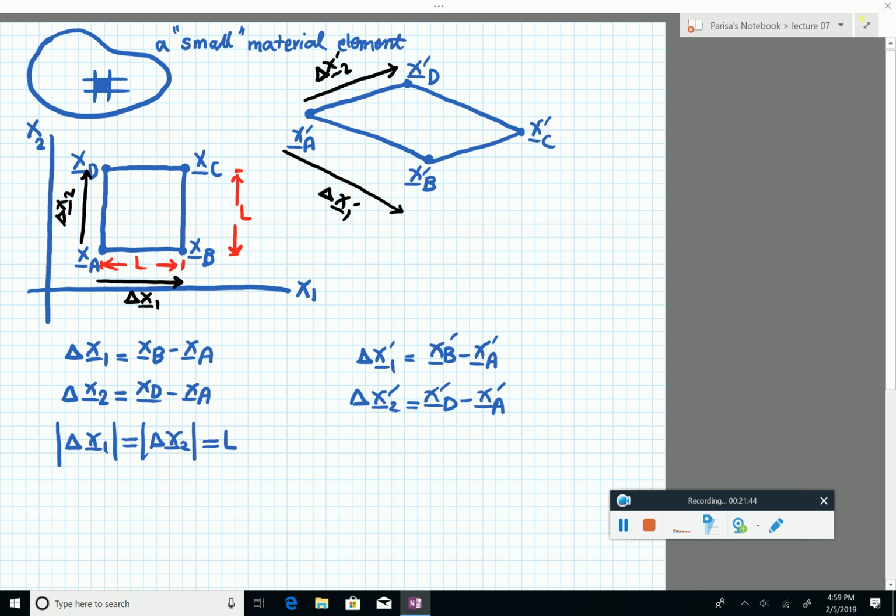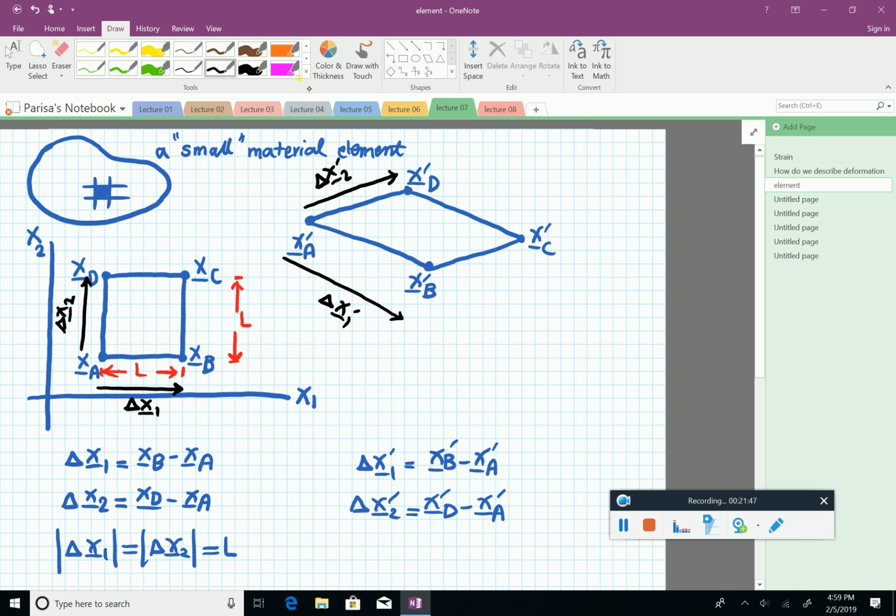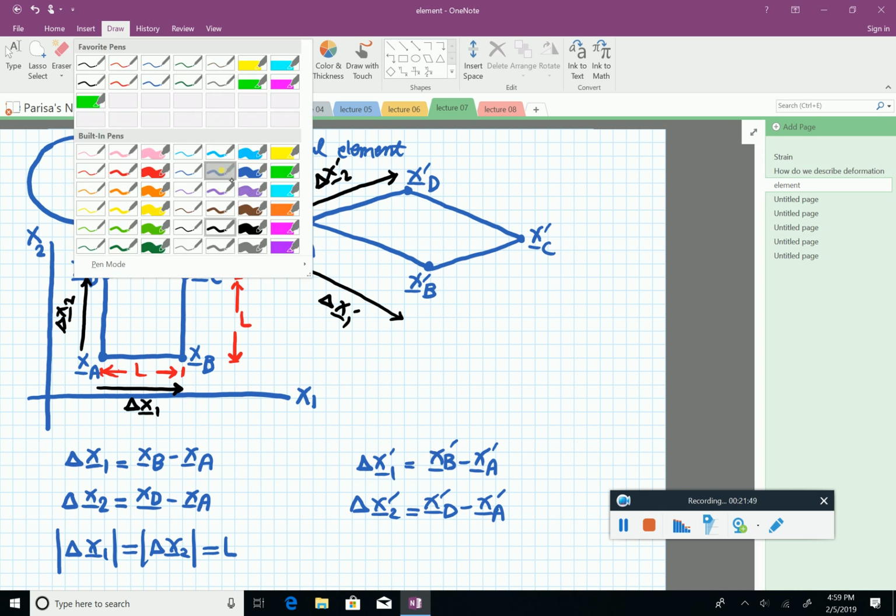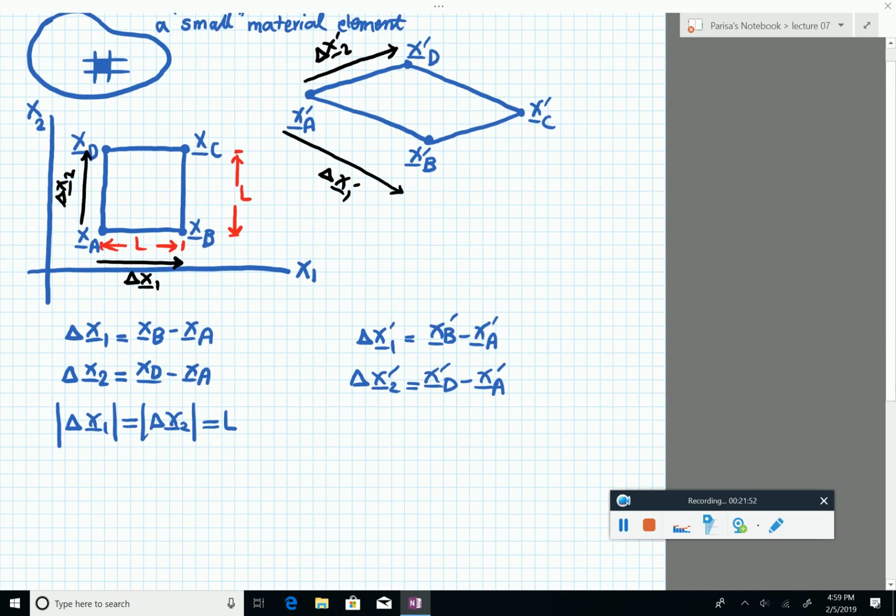How about the length? Well, the distance between the points may have changed. This I call L prime 1. The distance between xa and xd may have also changed, but I cannot say that the changes will be equal.